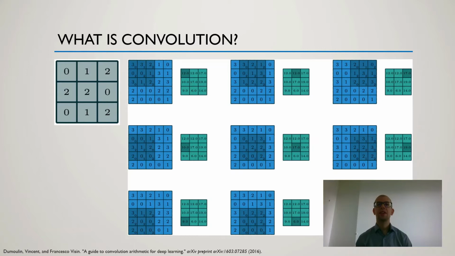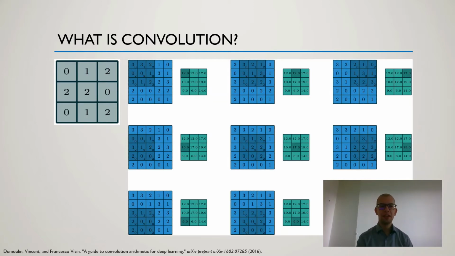So maybe a little bit more explanation about what convolution is. Just look at this matrix on the left side. This is called the convolutional kernel, and as you can see, this is a 3x3 matrix in this case. It's not restricted to that, but this is the example.